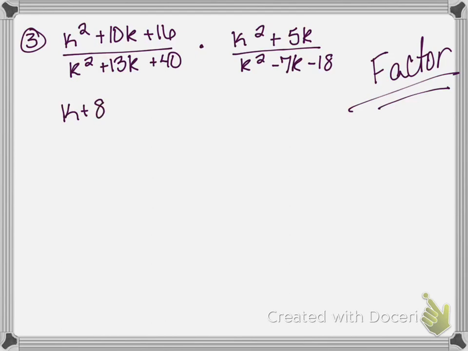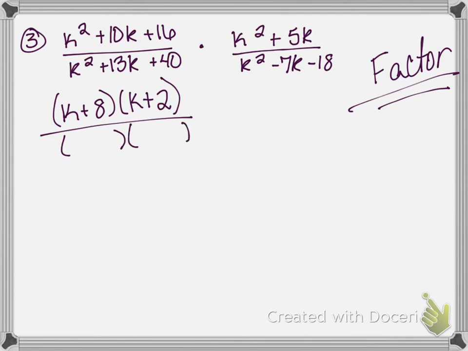So that's going to be k plus 8 and k plus 2, because 8 times 2 is 16 and 8 plus 2 is 10. The denominator, I've got k squared plus 13k plus 40. And so here I'm going to get k plus 8 times k plus 5, because 8 times 5 is 40 and 8 plus 5 is 13.